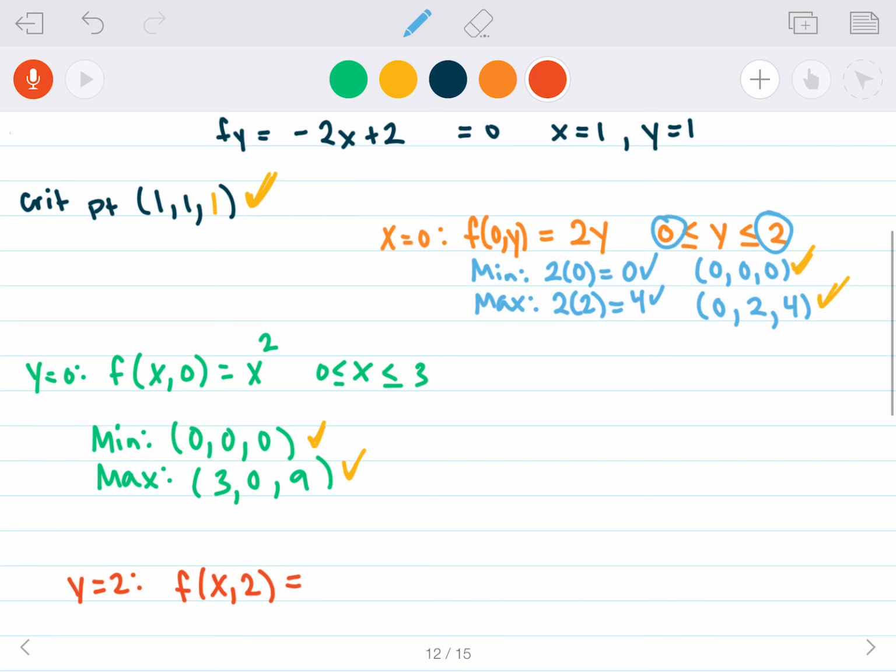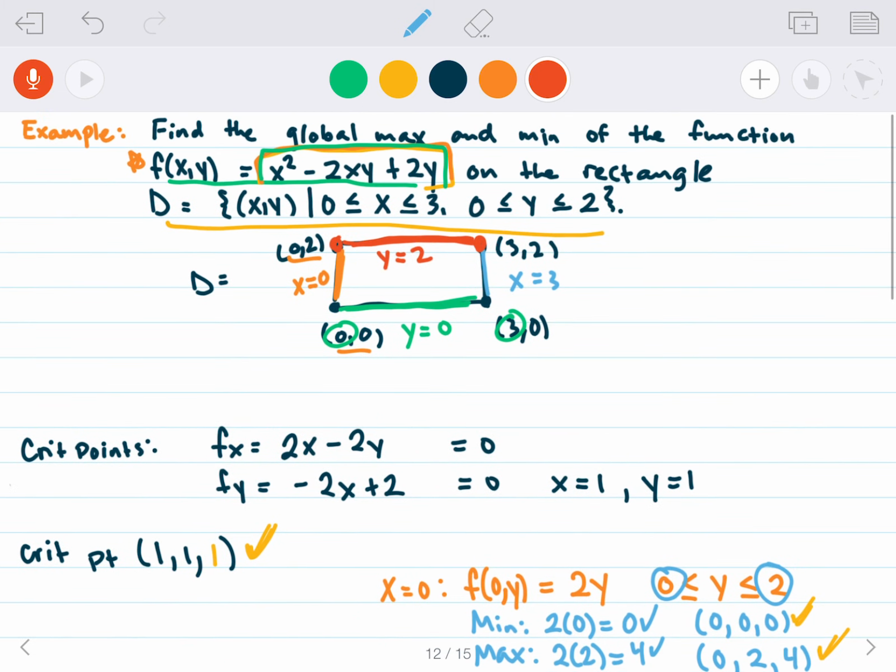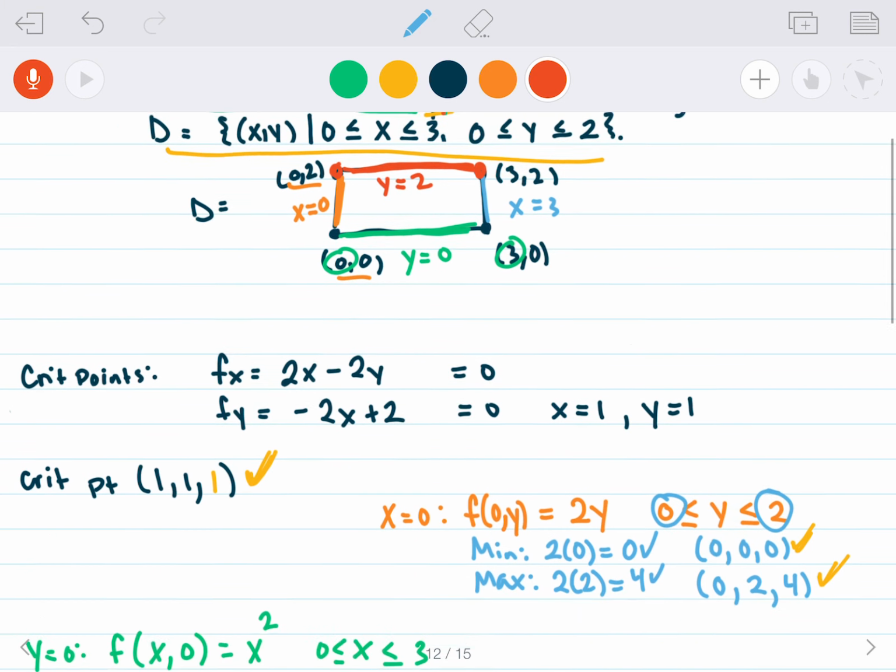Now if I plug in 2 for y into my original function, I get x squared minus 4x plus 4.